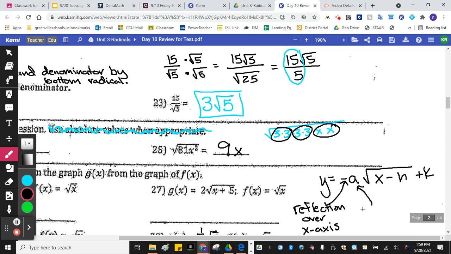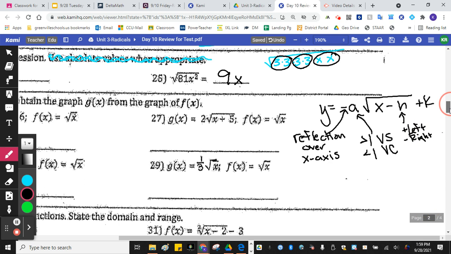The a, if it's greater than 1, it's a vertical stretch. If it's less than 1, in between 0 and 1, it's a vertical compression. If the h seems positive, then it's going to the left. Negative is to the right. The k, positive is up. Negative is down.